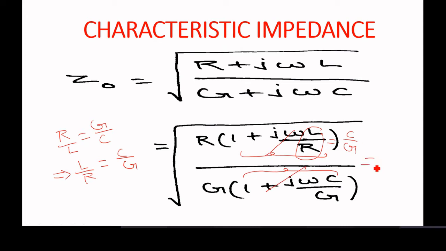Then characteristic impedance Z0 is equal to square root of R by G. So for the distortionless transmission line, it is square root of R by G. So substitute that and cancel each other.